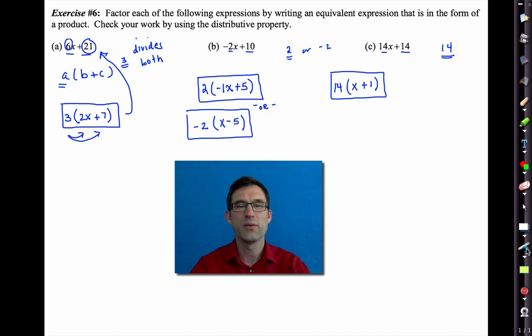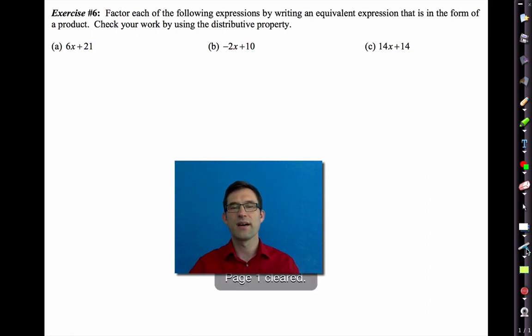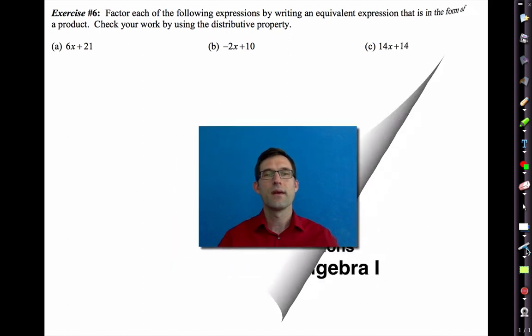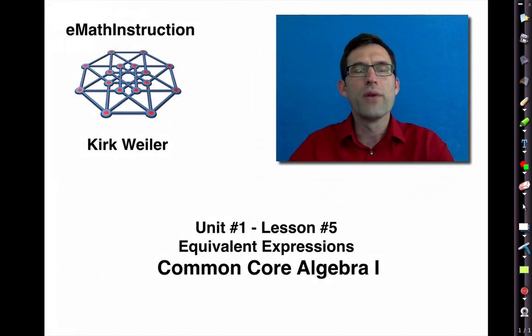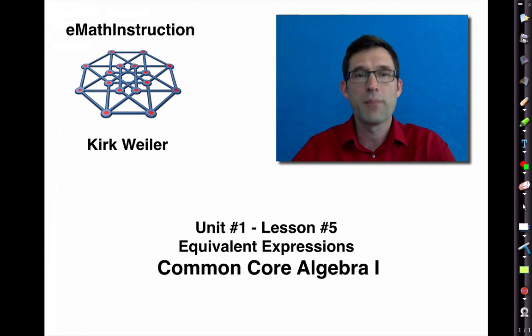All right, here we go. All right, let's finish up. The idea of equivalent expressions could be one of the most important in all of algebra, because every time we manipulate one side of an equation or another, we're manipulating an expression. And we're always manipulating it to get an equivalent expression.